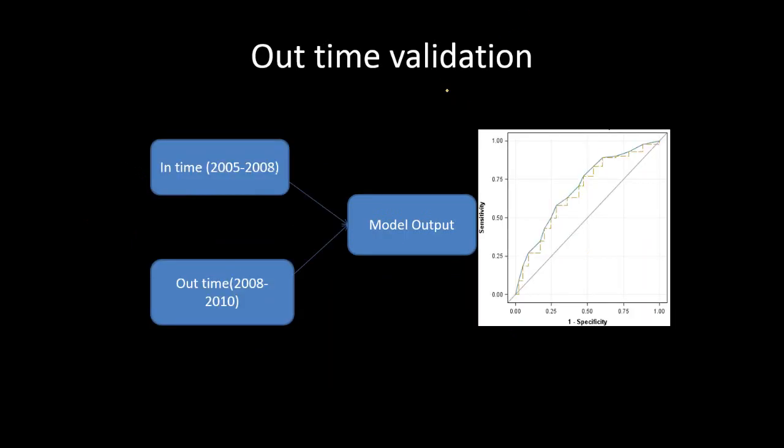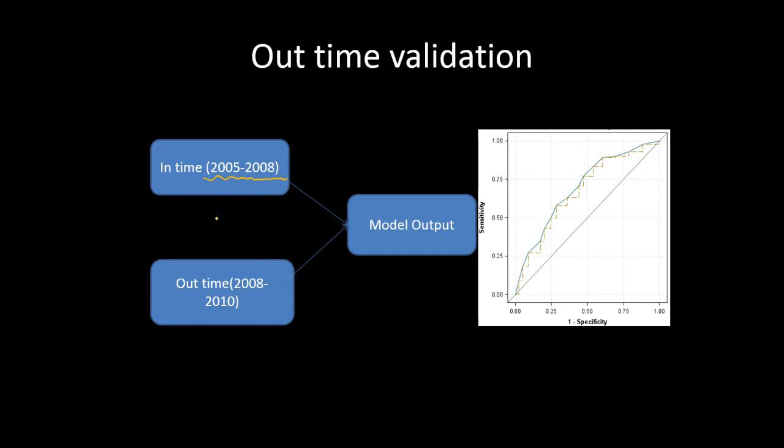And now the next one is out of time validation. Now the question here is that maybe the model works in all the subsamples that we have taken, and the performance is good, it works fine, but the data that we have taken for building the model is from year 2005 to 2008, and we are going to use this model in future, right?